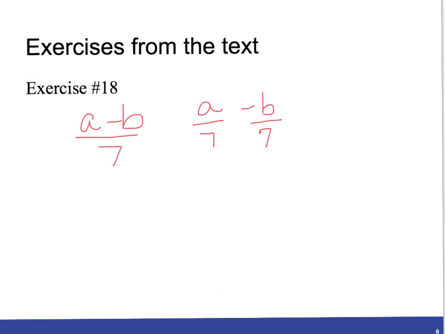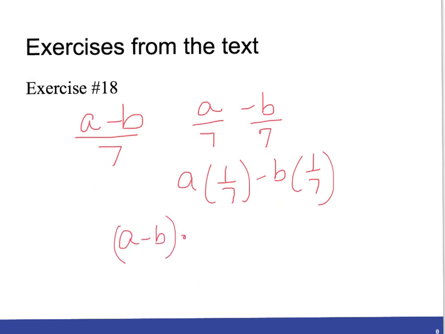And so this is really saying A times 1/7 minus B times 1/7. So it's really A minus B in parentheses times 1/7. That one's a little bit trickier. Just be aware of those. You're going to see stuff like that when you're going to have to factor.